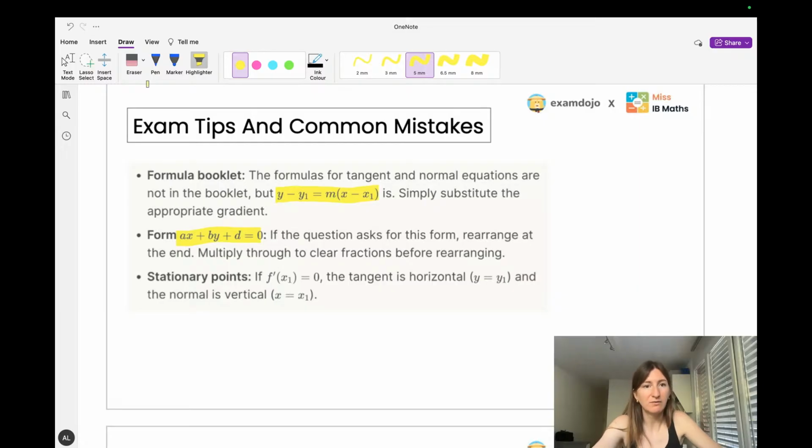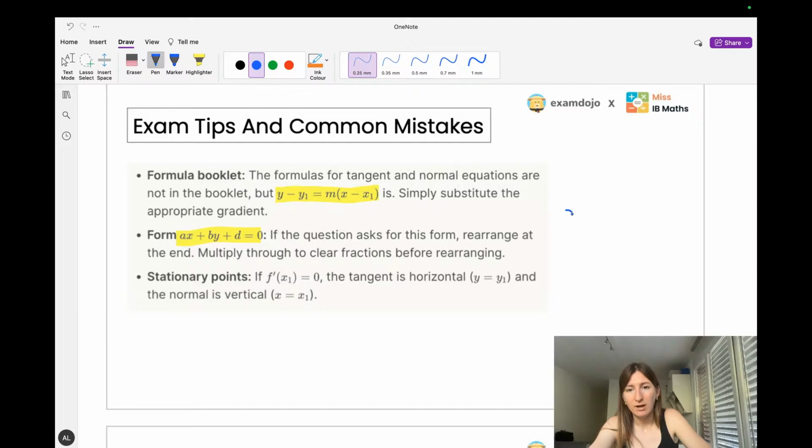Multiply through fractions before. So let's say I get x plus half y plus, I don't know, 3/2 equals 0. If you end up with that when you've rearranged, you don't want standard form to have any fractions.